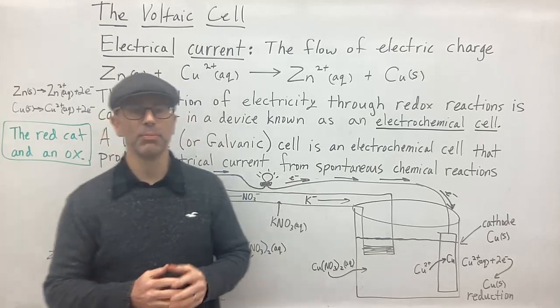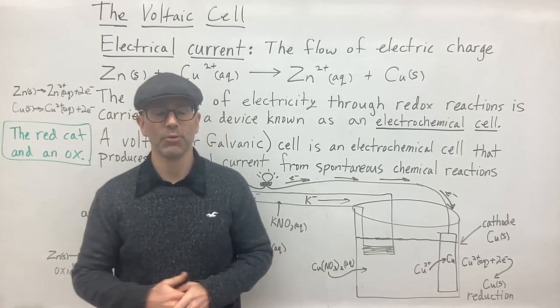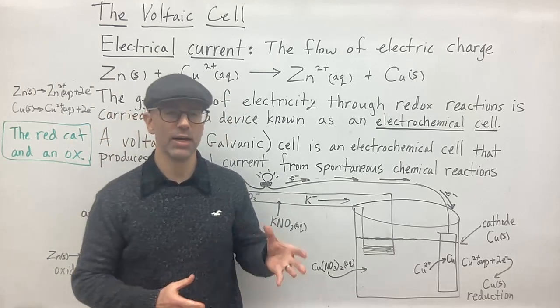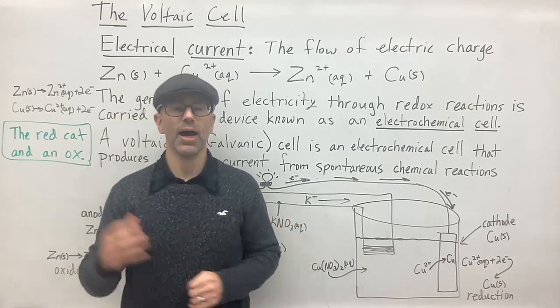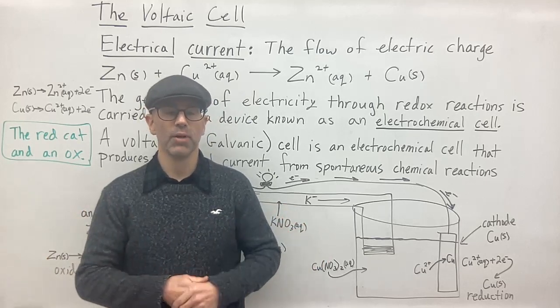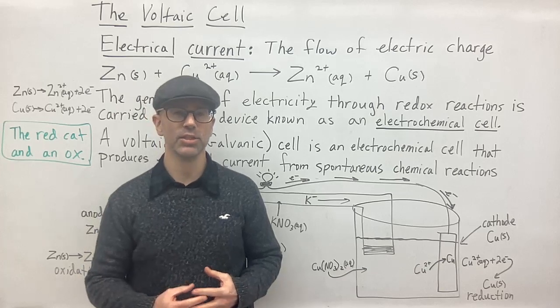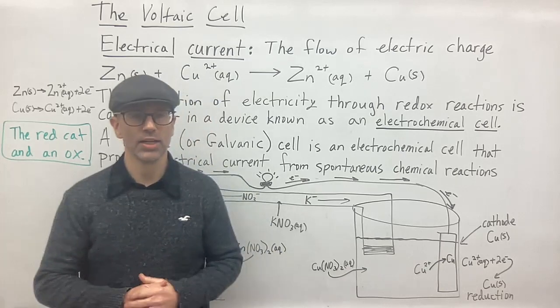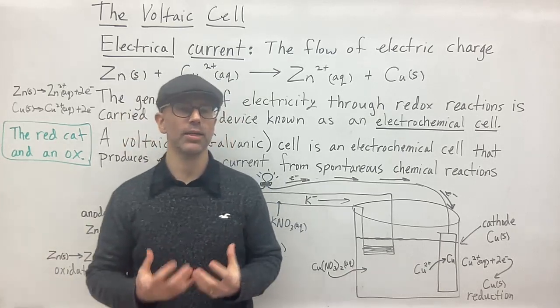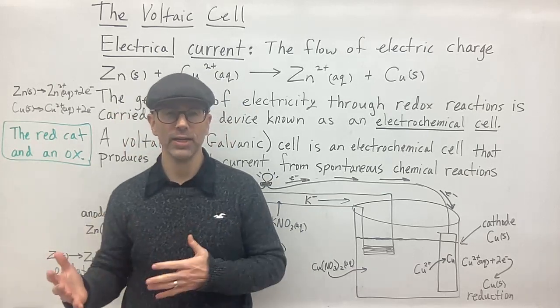So in a previous video, we were talking about redox reactions. We talked about redox, reduction, oxidation. We've got to remember that reduction is the gain of electrons by a substance, and oxidation is the loss of electrons by a substance. So remember that mnemonic device: OIL RIG.